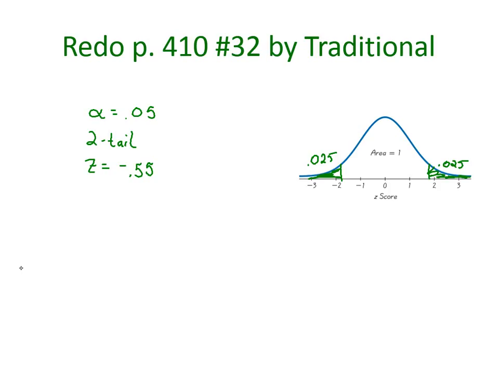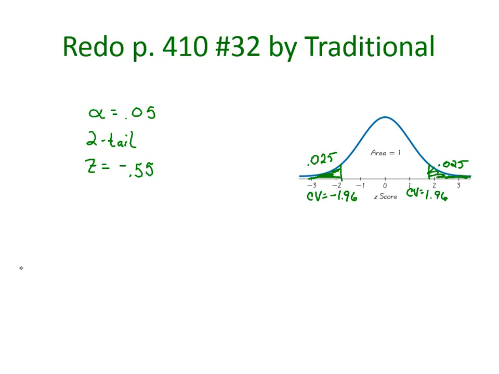What is my z-score that gives me 0.025 in my two tails? So my critical value is the 1.96 and the negative 1.96. Questions there?